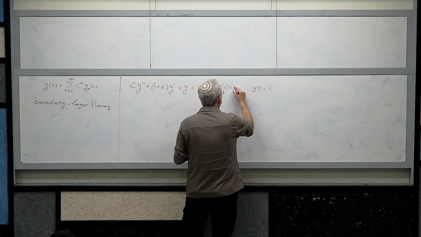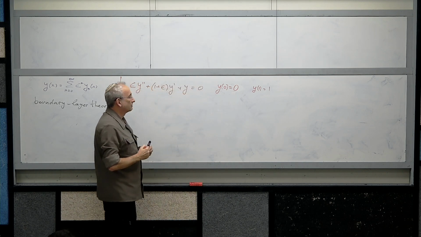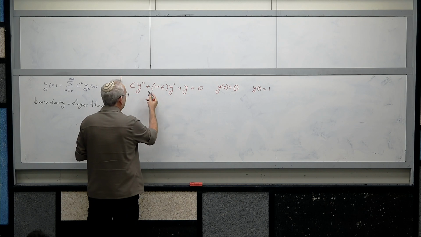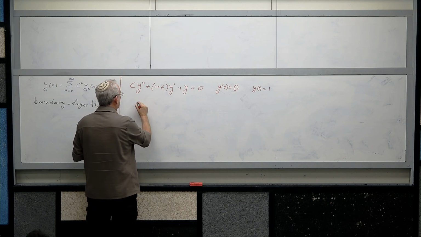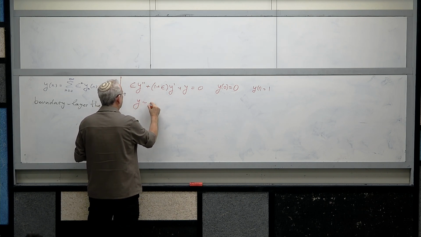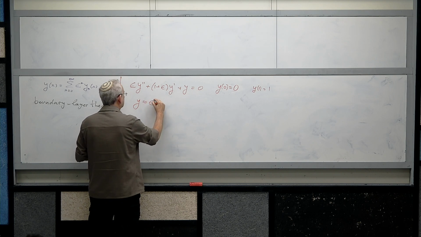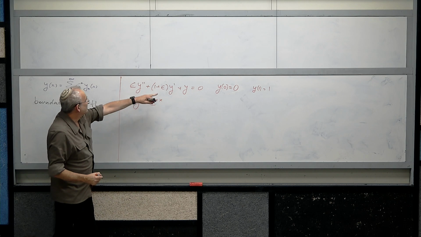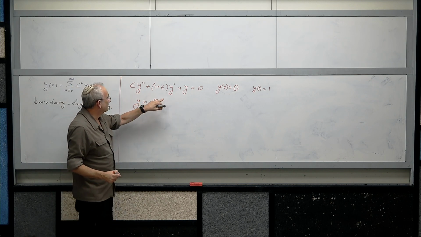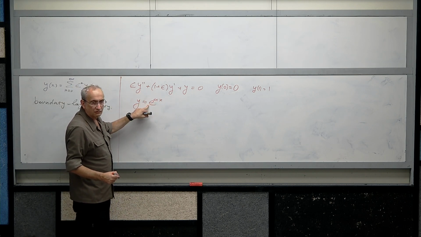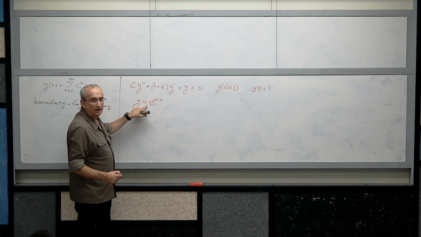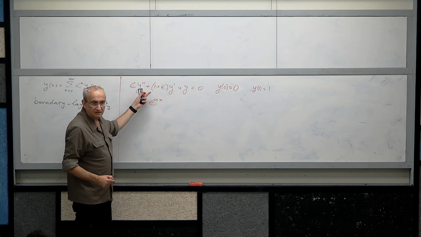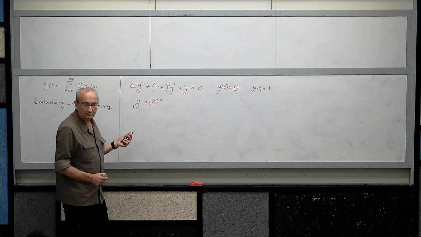Because, as you know, this is an equation with constant coefficients. So we know that the solution must take the form y goes like e to the alpha x. We only have to find alpha. If we plug it here, then the first derivative is just like taking alpha out. The second derivative is like taking alpha squared out. And then the exponent cancels because it's a homogeneous linear equation with constant coefficients.